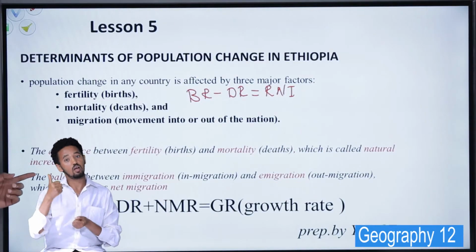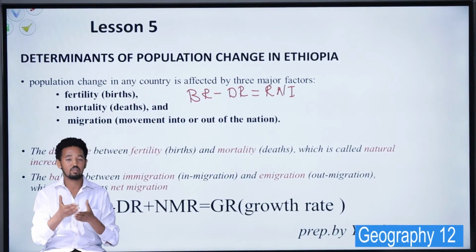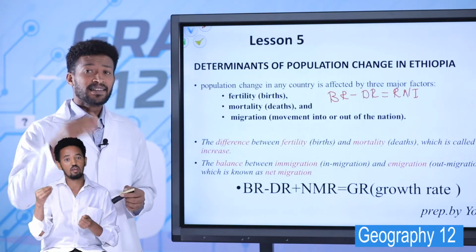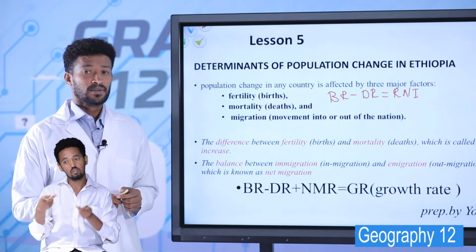Another way, there is a balance between the people who move from one place to another and from another place to the one point.